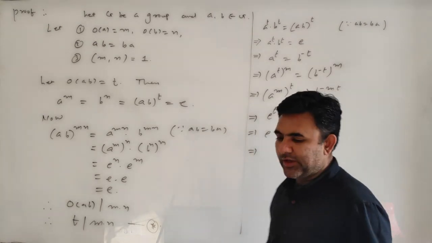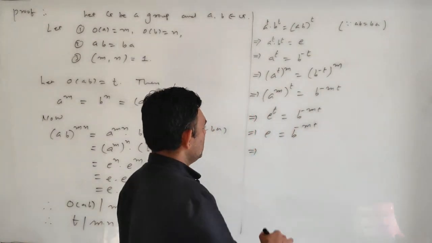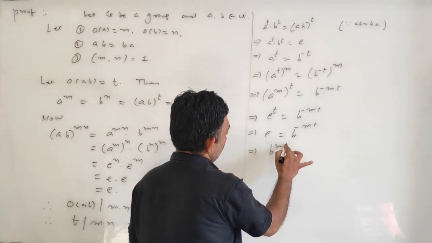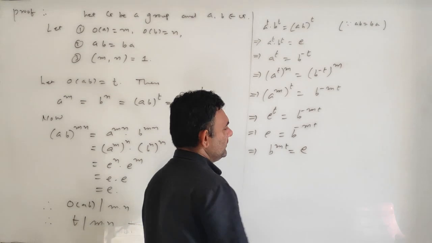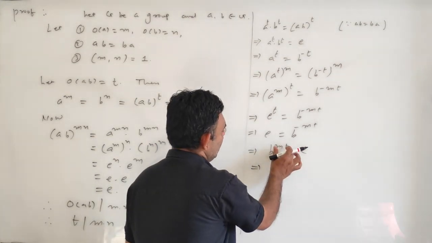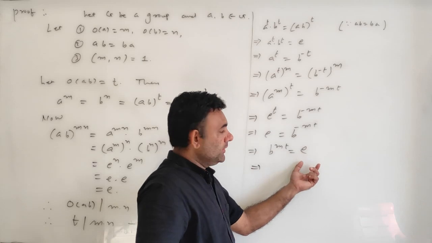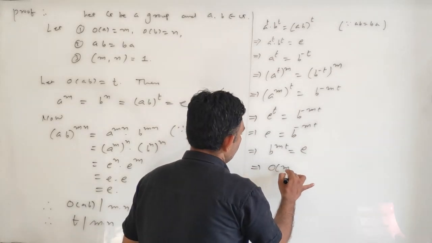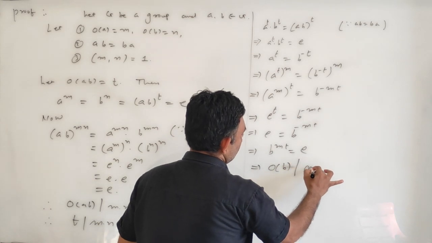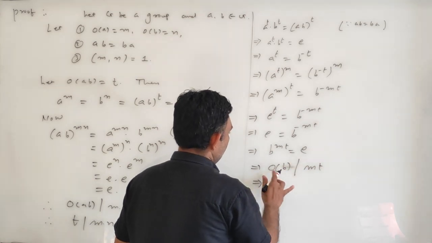So now again you take the inverse on both the sides. So what do I get? E inverse is equal to B raised to mT inverse, but E inverse is what? Identity. So it means B to the power mT gives me identity. It means the order of B will divide mT. But what is the order of B?